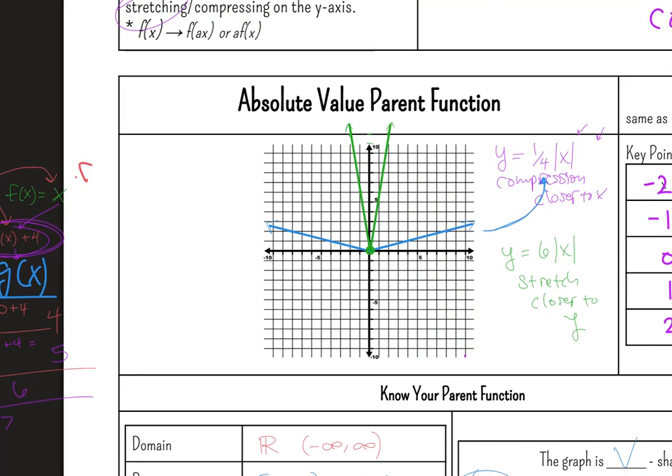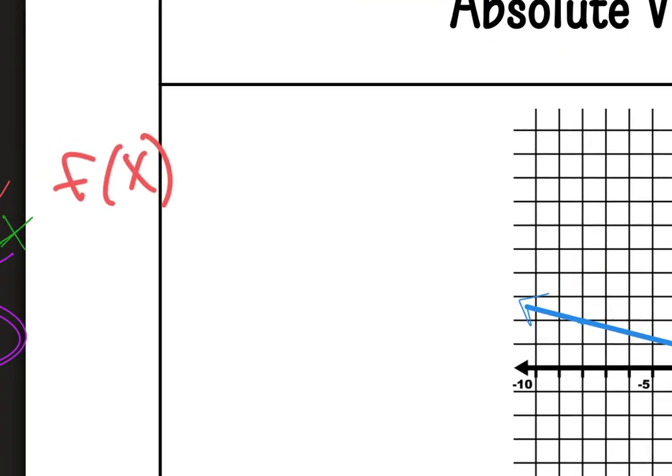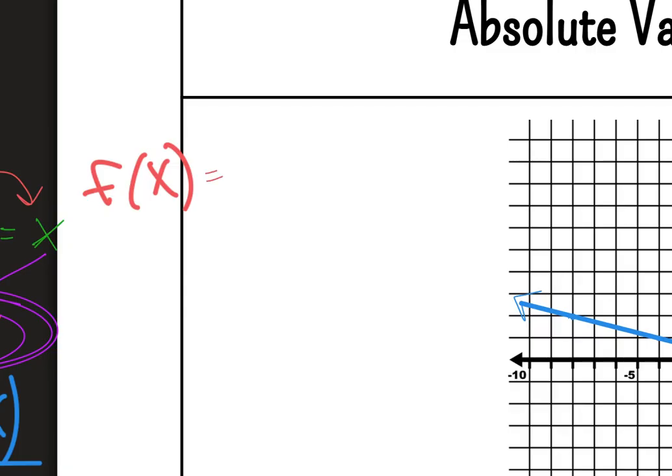So what if I did f of x equals, I'm going to zoom in because I don't know why my pen gets huge like this sometimes, but whatever. What if I did negative 2/3 absolute value of x plus 4, minus 5? Okay, so this is going to flip and compress.